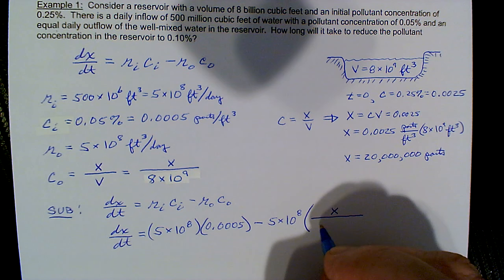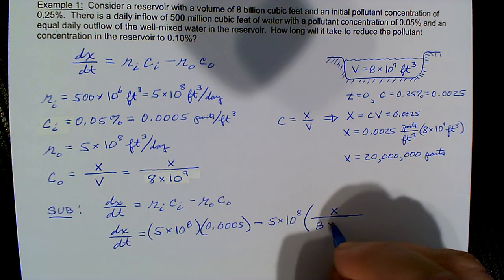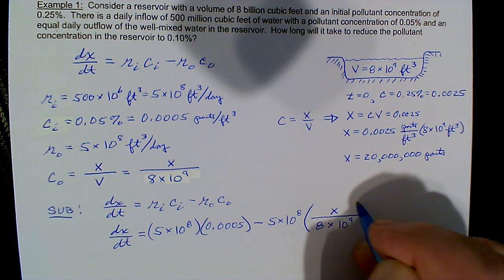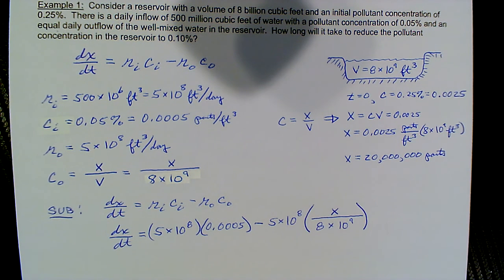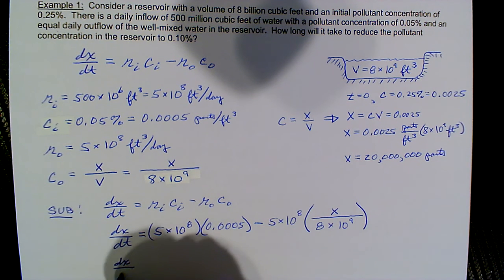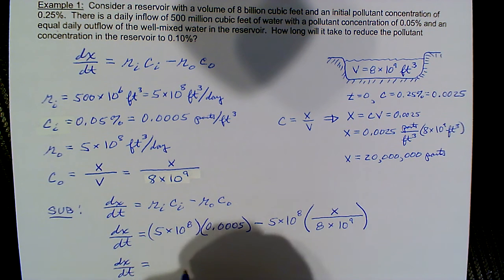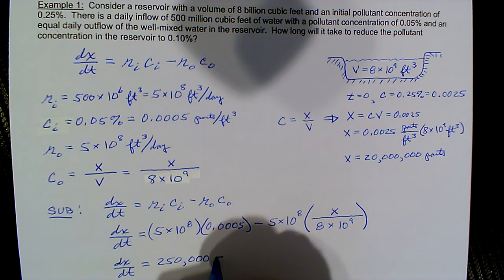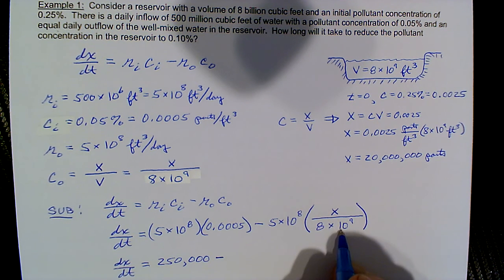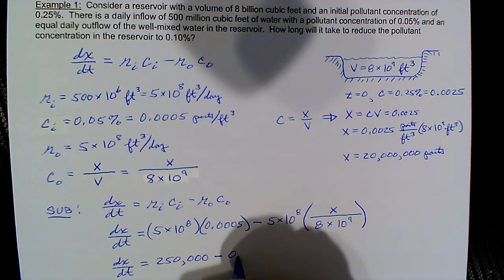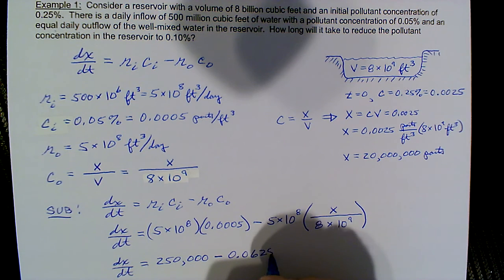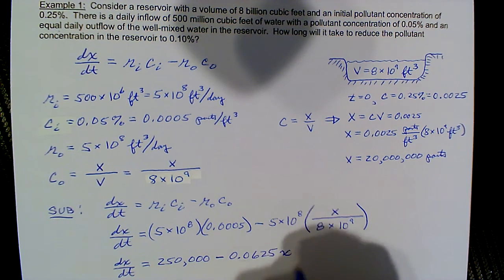Okay, so now we're all set. So 8 times 10 to the 9th. Alright, so then we'll say that dx/dt is equal to, if you multiply these two together, you get 250,000, and then minus, if you divide these two, you get 0.0625x.